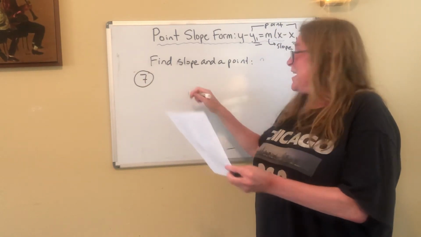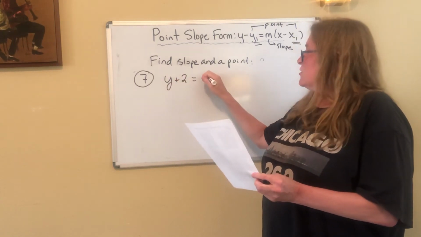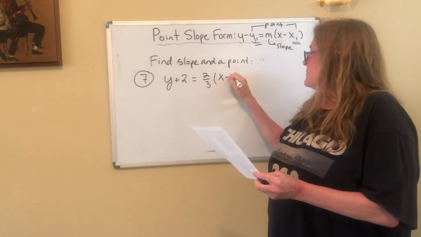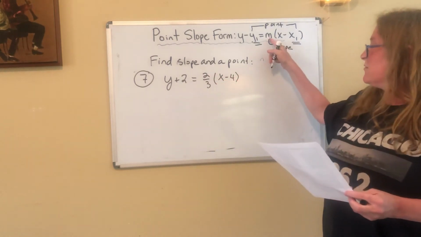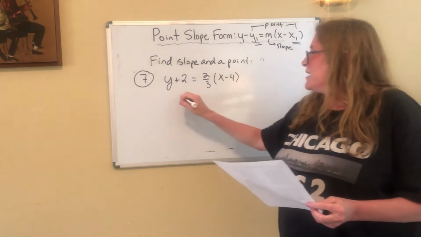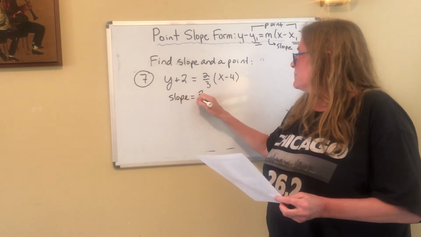It says y plus 2 equals 2/3 times x minus 4. So if I look up here, guys, the slope is this number in front of the x parentheses. So my slope is going to be 2/3.